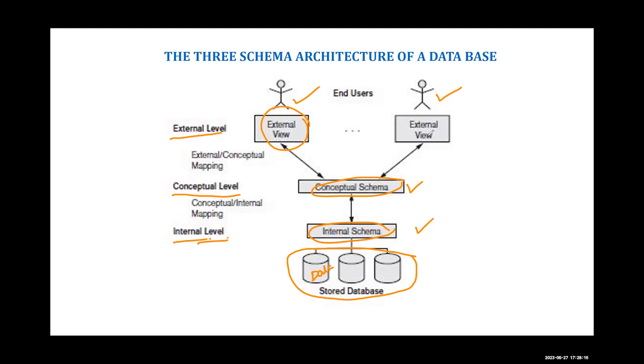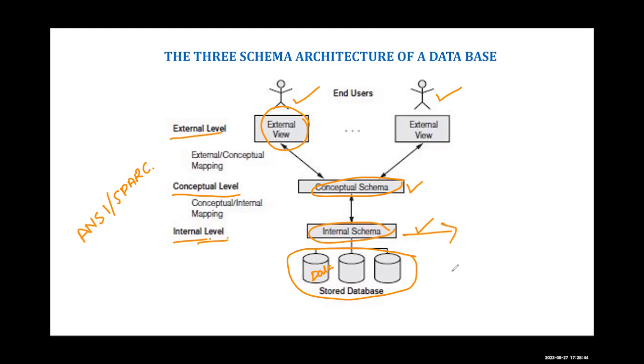This architecture was proposed by ANSI SPARC, that is the American National Standards Institute, Standards Planning and Requirements Committee. So they are the ones who proposed this. So let us see them one by one.